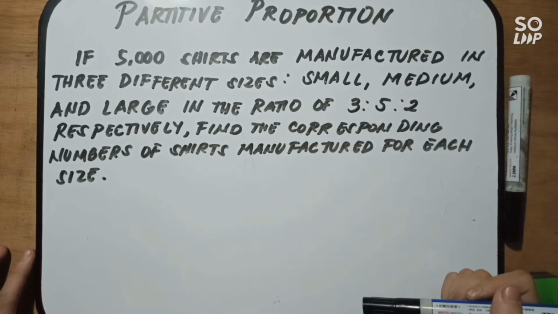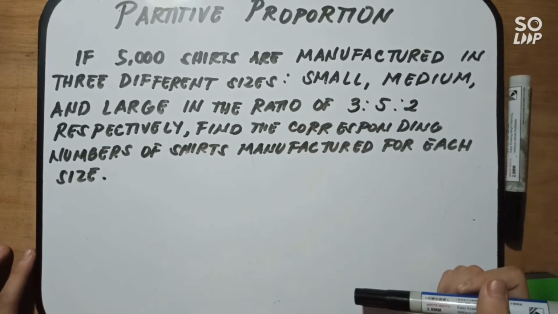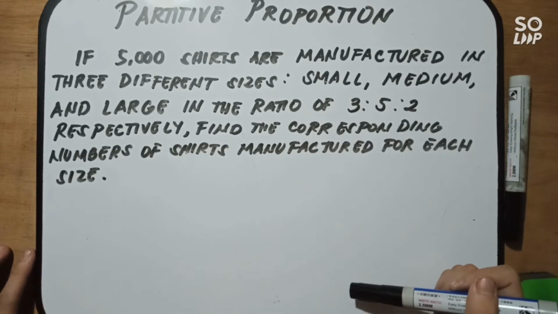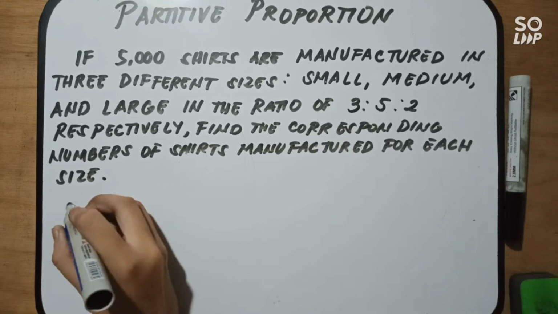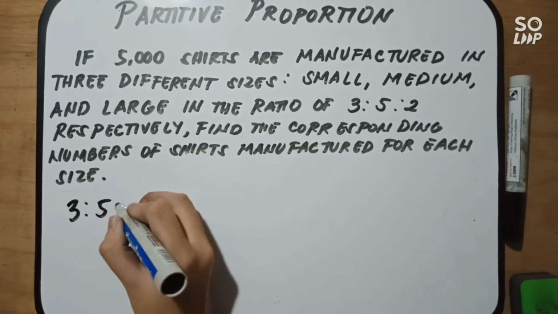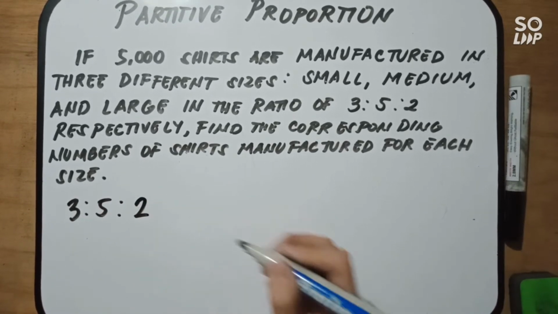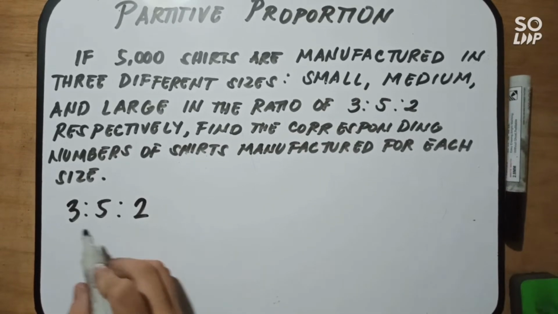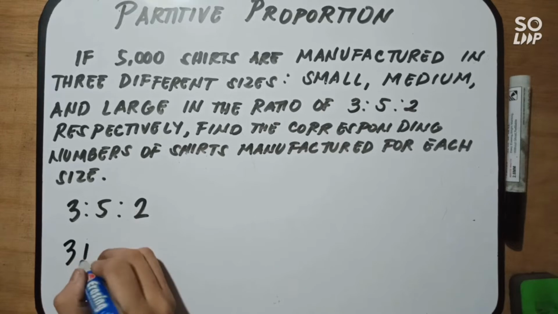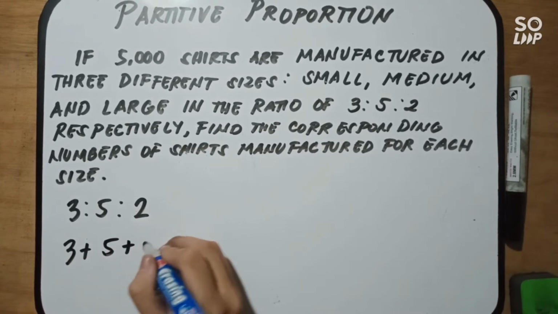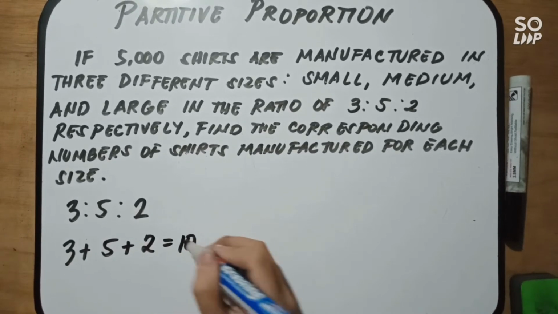In this situation, the first step is to find the whole. For finding the whole, we only need to add the values in the ratio. The ratio is 3:5:2, so we add these to get the whole. 3 plus 5 plus 2 is equal to 10.